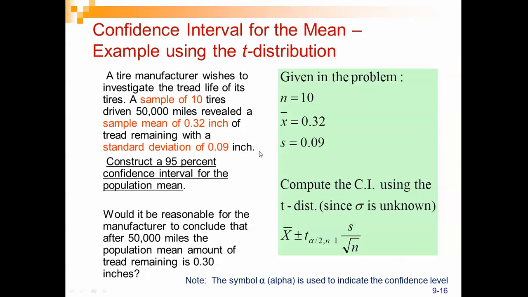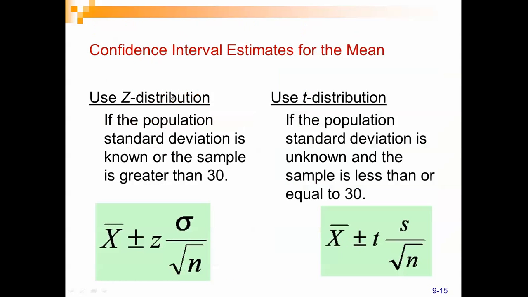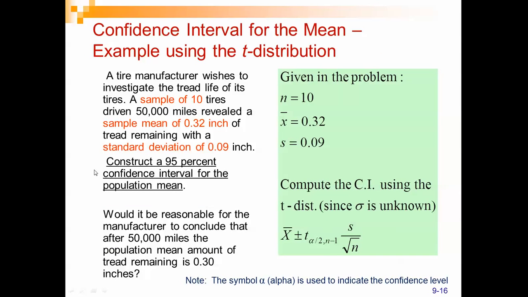Okay, just kidding. We use the t-distribution for the confidence interval when we don't know the population standard deviation. And here's our example, our confidence interval for the mean example using the t-distribution.